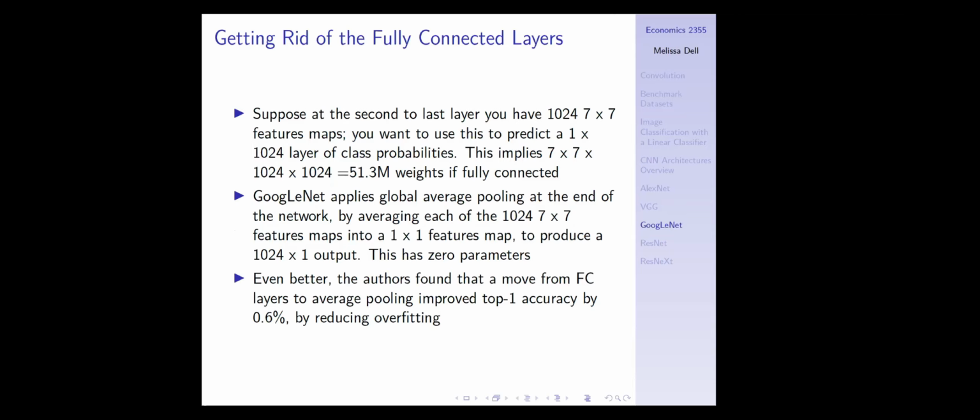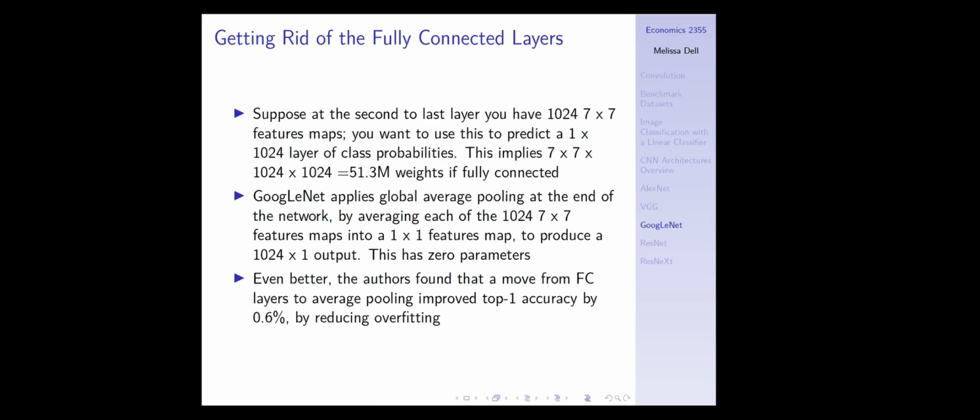And what you want to do after you've run all your convolutions is to have a 1 by 1024 vector that tells you the probability that your image belongs to each of these 1024 classes. And if you want to get that with a fully connected layer, that's 51.3 million weights, right? Which is why we saw in VGG that the fully connected layers were just massive.